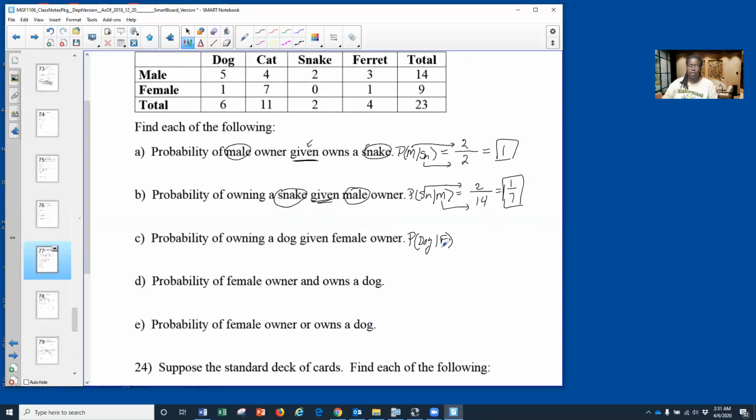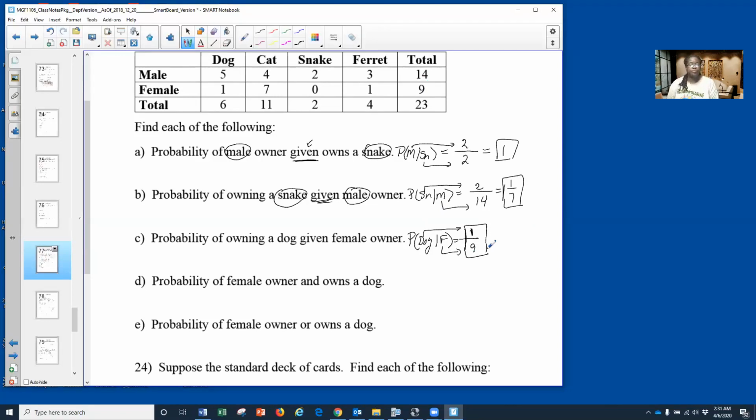So I know I'm looking for a total number of females that own a dog. How many females do I have? Total number right there is 9. And out of those 9, how many own a dog? 1. No need to simplify that. 1/9. Okay.